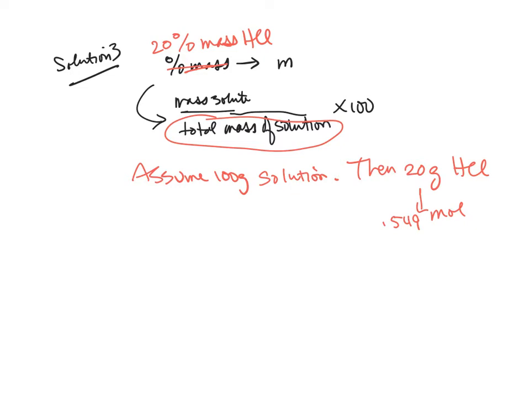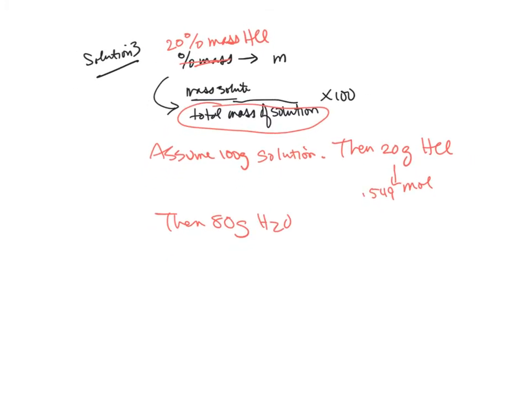If you've got 100 grams of solution, 20 grams is HCl. So that means you have 80 grams of water, and you need mass for if you go into molality here. So then you take your 80 grams of water and go to kilograms.